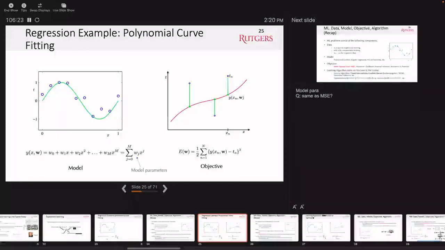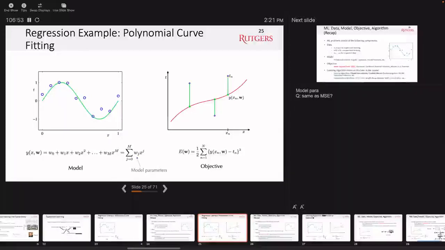Right? So it does not affect anything. So that is why we choose 1/2 instead of 1/n, because it's convenient mathematically when we derive the closed form solution later on. And you're going to see why. But for now, just bear with me that we're going to use 1/2 because it doesn't really matter. So here, this is our objective function, right?